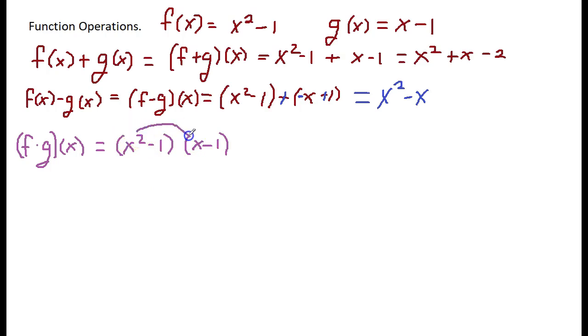So x squared times x gives me x to the third power. X squared times negative 1 gives minus x squared. The negative 1 times x gives me minus x, and negative 1 times negative 1 gives me positive 1. Now, there are no like terms to combine, so I'm finished. If there were like terms, then I would have to combine the like terms.